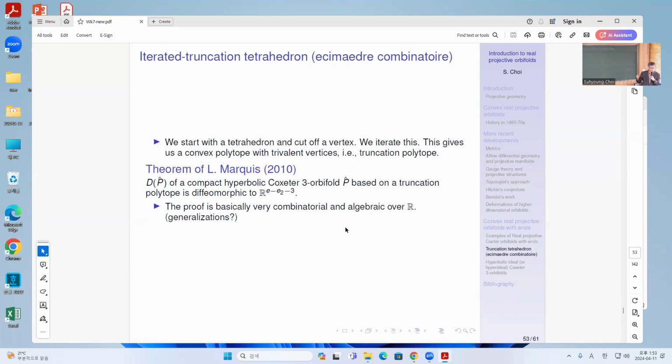Then Marquis's result is that if you have these compact hyperbolic Coxeter orbifolds based on a truncation polytope, then this is diffeomorphic to R^(E minus E_2 minus 3). I'm not stating his full theorem, just the hyperbolic part here.